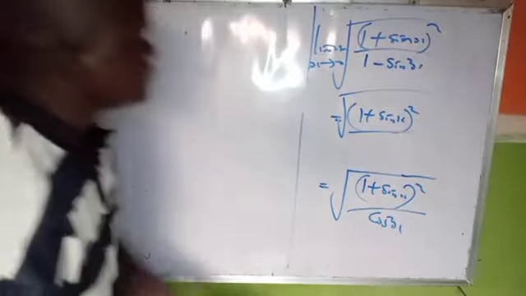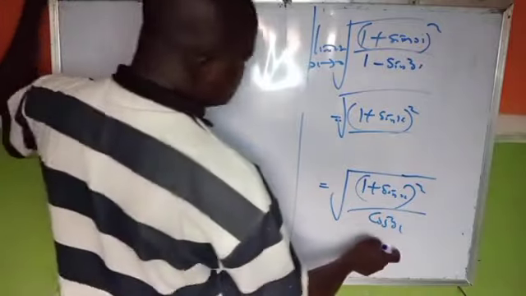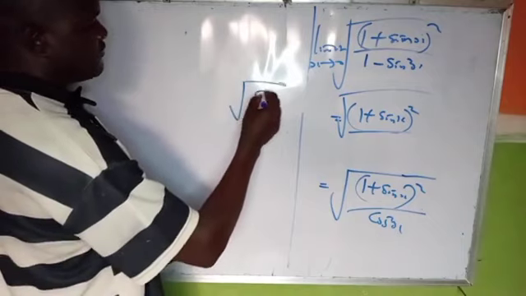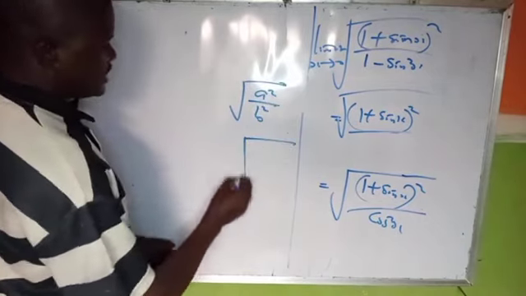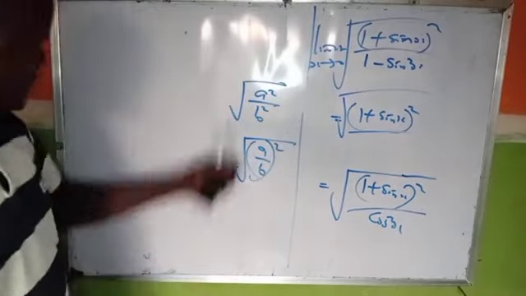Then from here, you can re-express this one like this. If you have a squared over b squared, you can simply express it as a over b all squared. So it's still the same thing.